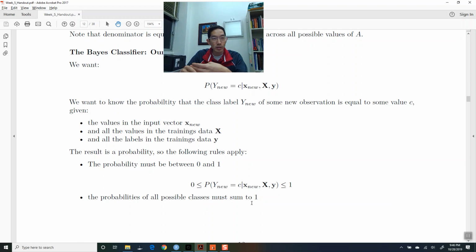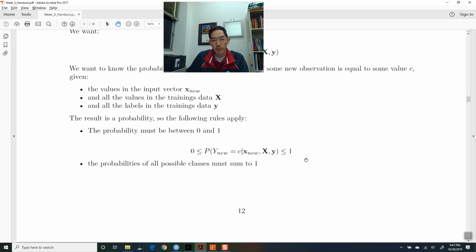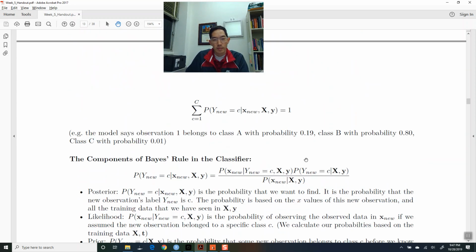If there's 10 different things, the probabilities across all 10 categories have to add up to 1. That's specified here: the sum from c equal to 1 to big C of the probability that it belongs to a certain class has to add up to 1, okay?